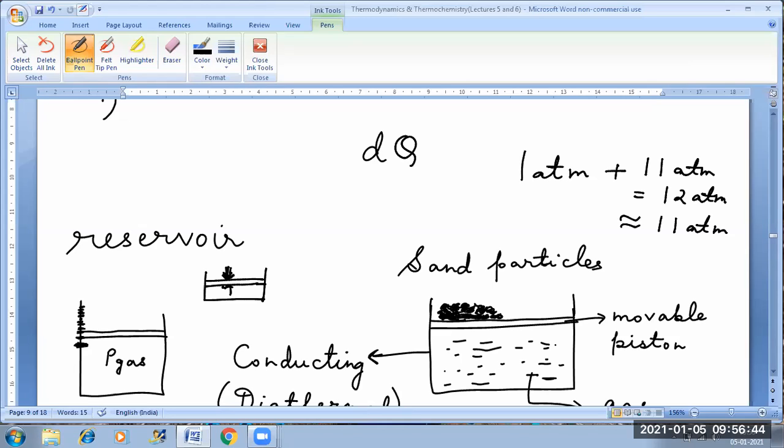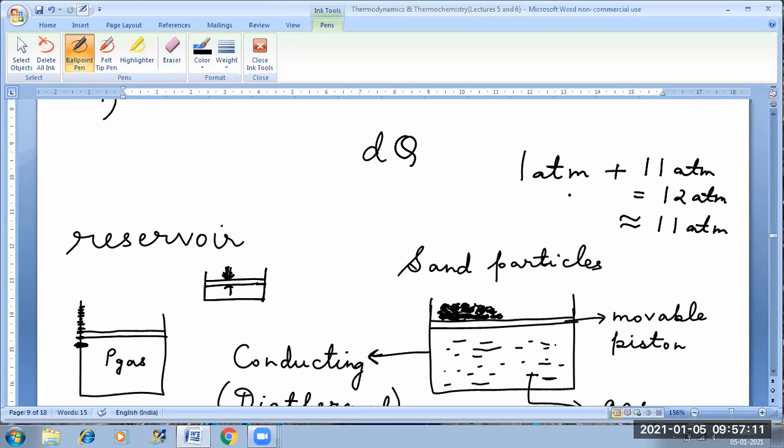Because I have removed one sand particle, the new pressure will be only because of the existing sand particles. That pressure is what is going to be achieved by the gas, and that is where the piston will stop. So as and when I remove the sand particle, I'm adjusting or decreasing the pressure that is being applied on the piston.